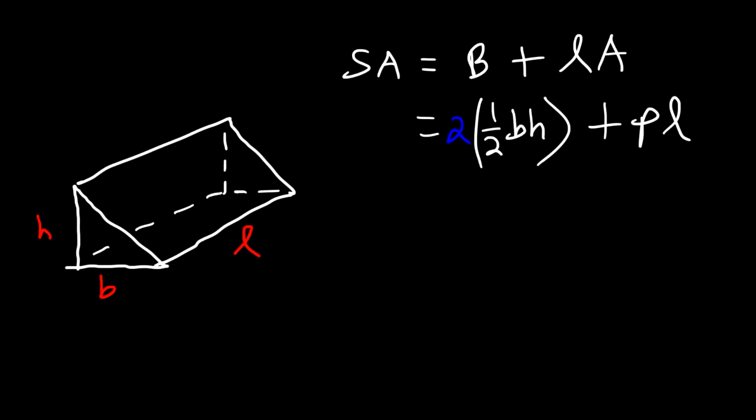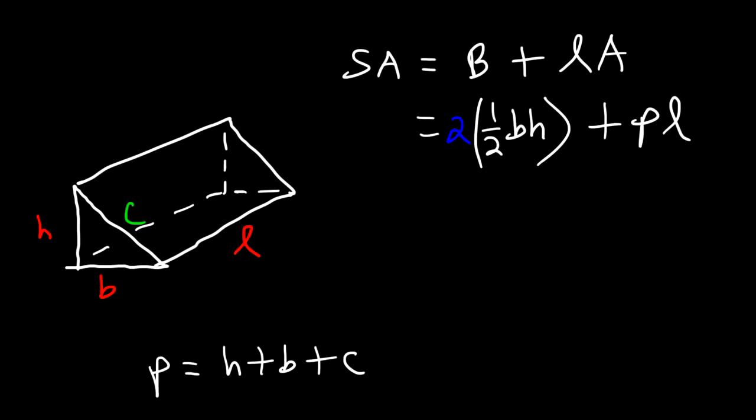It's the perimeter of the base multiplied by the height or the length of the prism. The perimeter of the base is the perimeter of the triangle. So it's that length in blue. Let's call the hypotenuse of the triangle C. So the perimeter is going to be H plus B plus C.